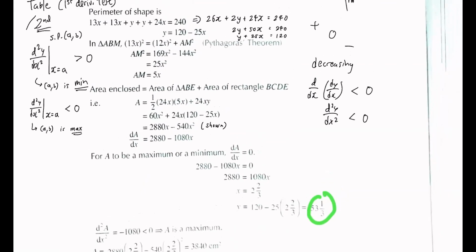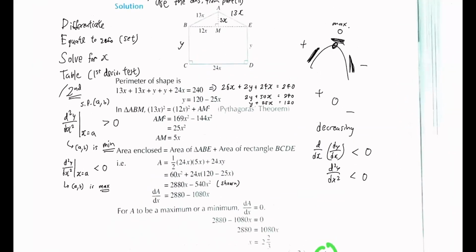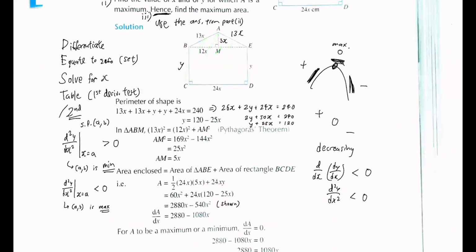Y is just the breadth of this rectangle. It's not the entire area yet. Just take note, don't be confused between the y and the area, capital A. For capital A, the formula is over here. The formula for y is over there. There are different formulas. I'm sure you know that.